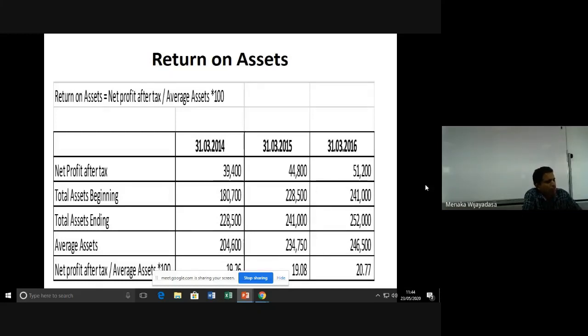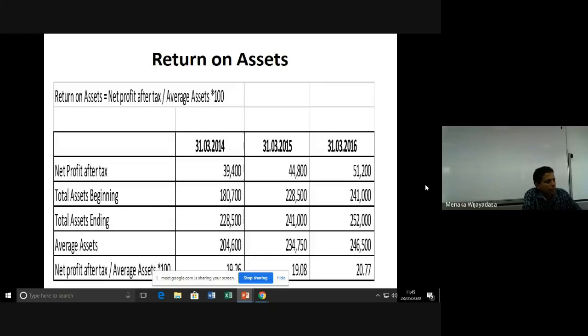Therefore, the average figure is 204,600. Similarly, you can calculate the average asset figure for 2015 and 2016.